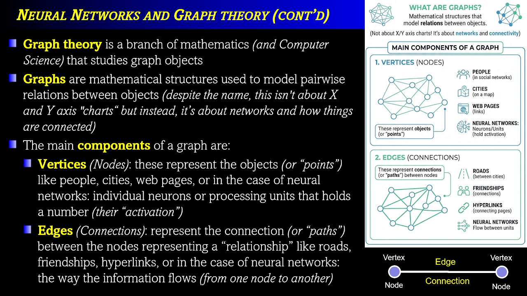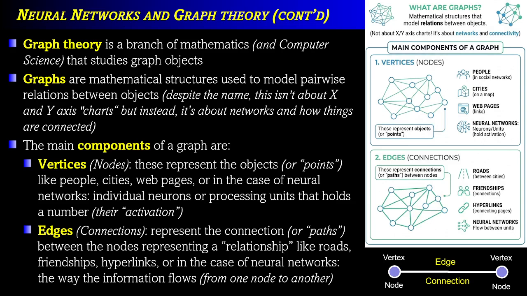Or in the model of people in a crowd, the edges or the connections could represent the friendships between those people, or hyperlinks between web pages. Or in the case of neural networks, we're talking about the way that the information flows from one neuron to the next, or from one node to the next. So we have two nodes with a connection, two vertices with an edge between them.